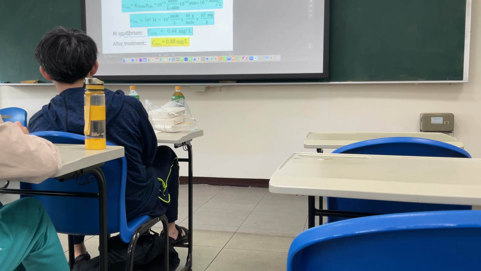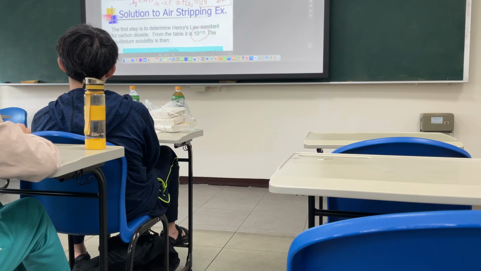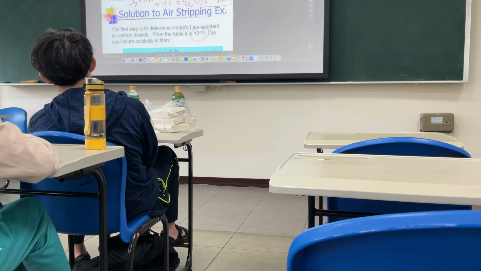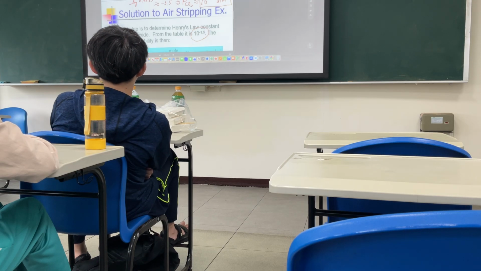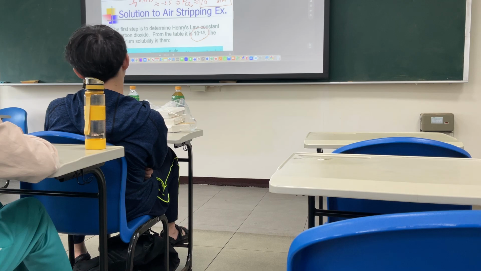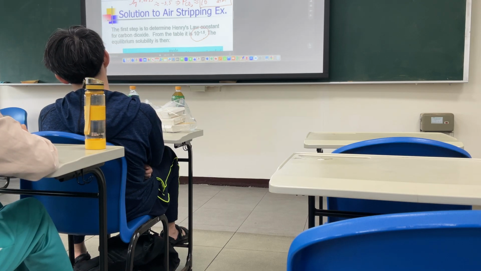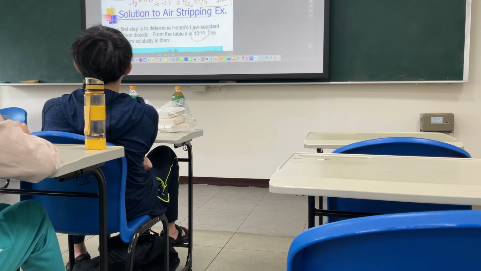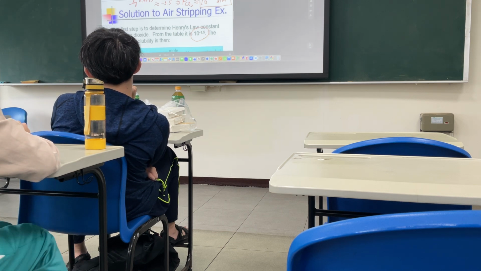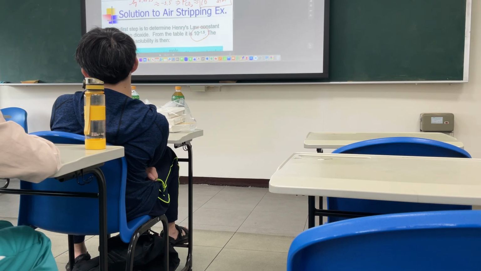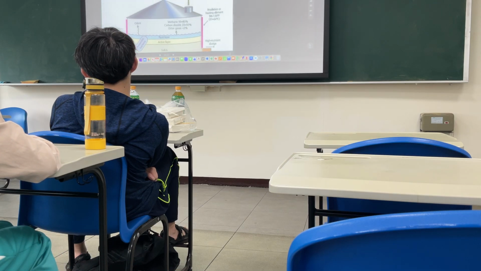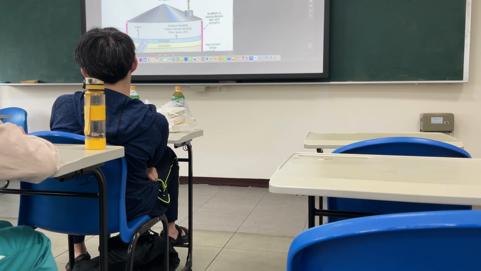So after treatment, the question is here: after treatment, the tower lowers the level to twice. Students, please underline this: the tower lowers the level to twice the equilibrium concentration. This is the concentration before treatment.